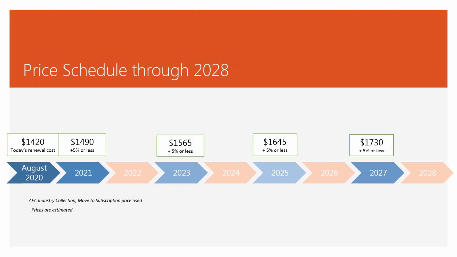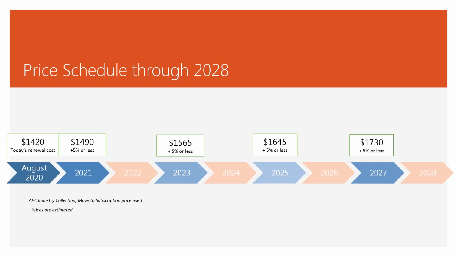The 2020 price is your renewal price, and then you take the 5% from there. So we do know what prices are going to be through 2028 for a lot of the different software changes, like the move to subscriptions or the trade-in offers.